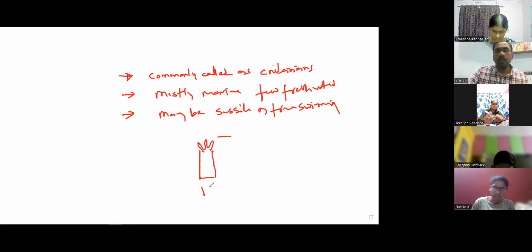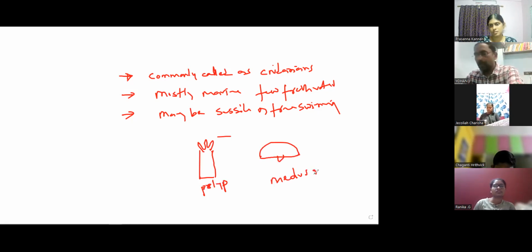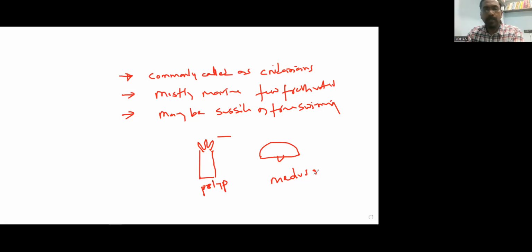And an umbrella shaped structure called medusa. Polyp and medusa. So polyp is which shape, sir? Polyp is cylindrical shape and medusa is umbrella shape.